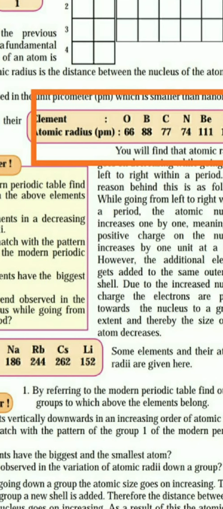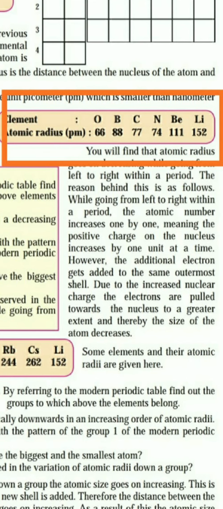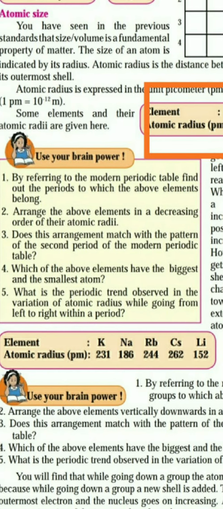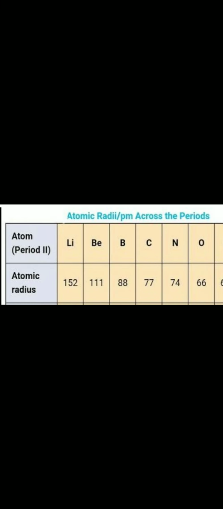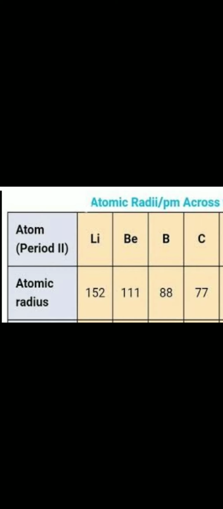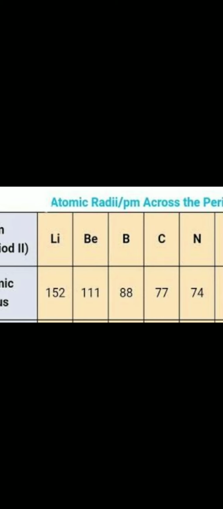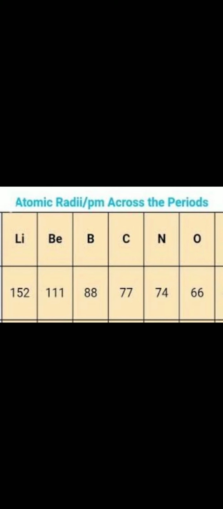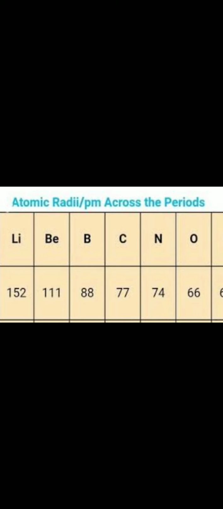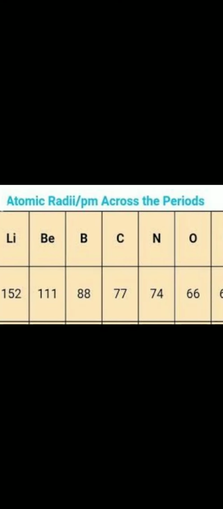Next, arrange the above elements in decreasing order of their atomic radii. Here they have given the symbols of the elements, and below that the radius in picometers. For period number 2, first lithium has 152 picometer, then beryllium radius 111, boron 88, carbon 77, nitrogen 74, and oxygen 66.